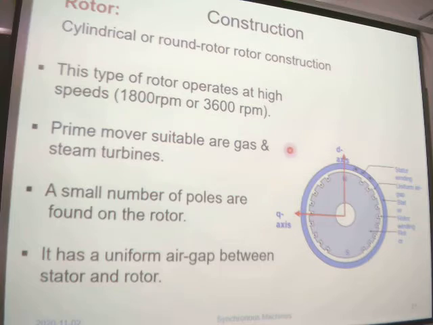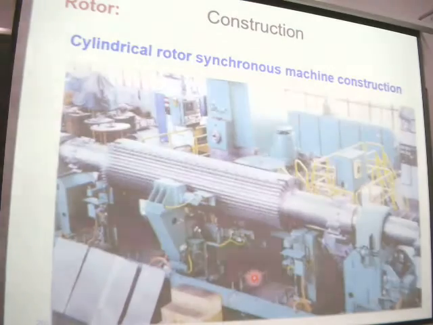So this type of rotor is used in these applications. See a picture. It's just like this. It's very long, but the diameter is small. So it's a cylindrical rotor.